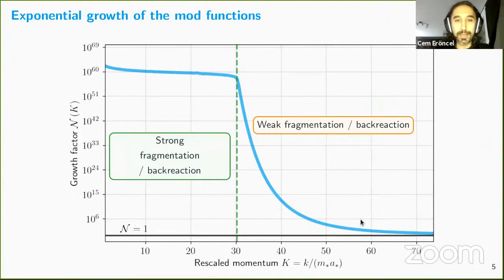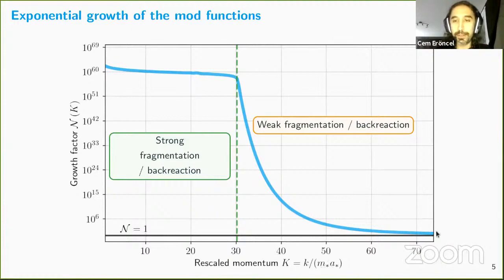So here I show how much a momentum mode grows as a function of a rescaled momentum variable. It's convenient to rescale the momentum modes with the axion mass at the time of trapping.